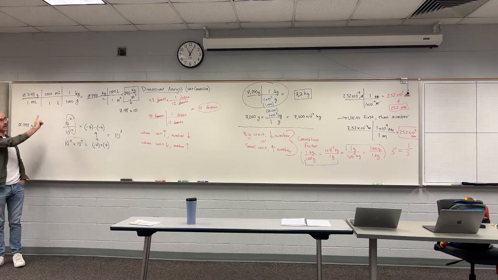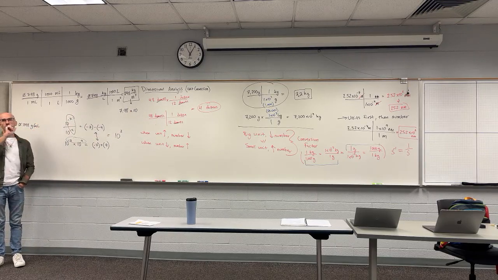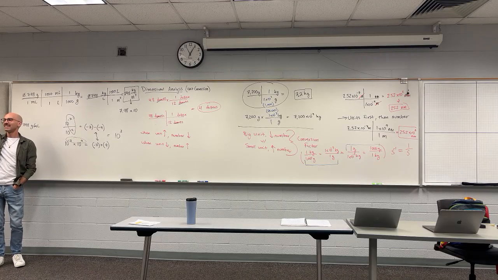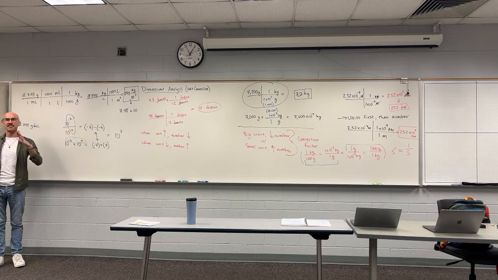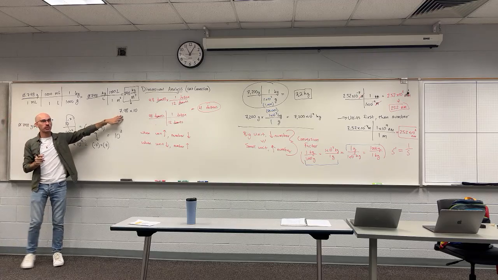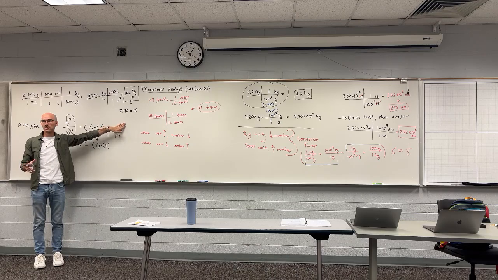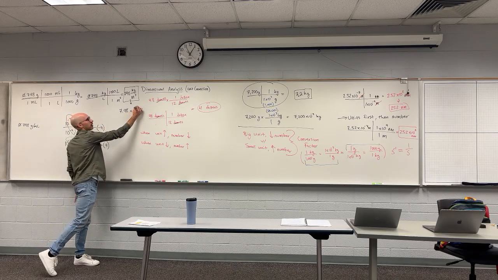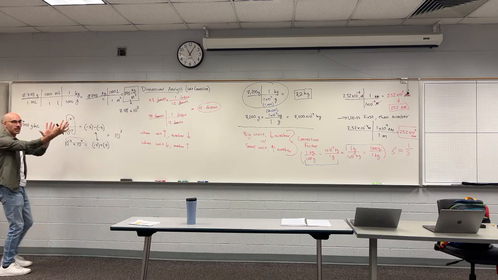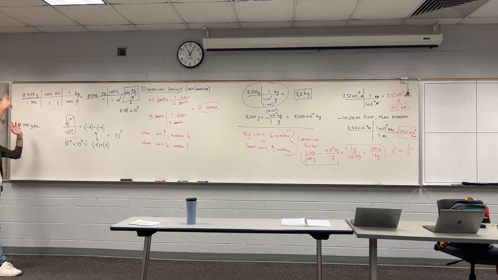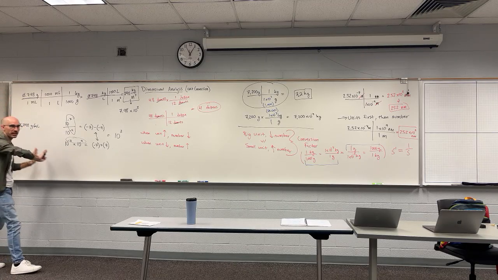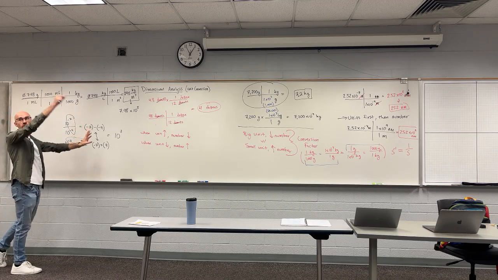I'm making the number smaller, so the exponent on 10 needs to help it get back to that. So, what's the relationship between 7.98 and 798? A factor of 100. I would need to multiply 7.98 by 100 to get back to this. So I want positive 2 here. When you move the decimal place to the left, your exponent should get more positive. When you move your decimal point to the right, your exponent should get more negative.